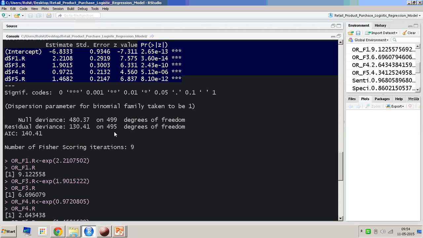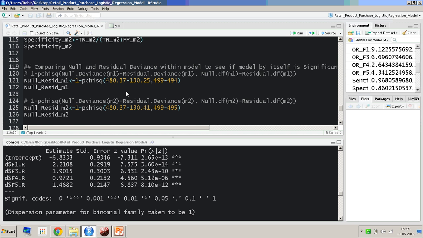Whereas when we saw the correlation matrix, we could see that for f2.r also the annual purchase and the actual purchase count had a high level of correlation. So that does not necessarily show in the significance results for the regression model.